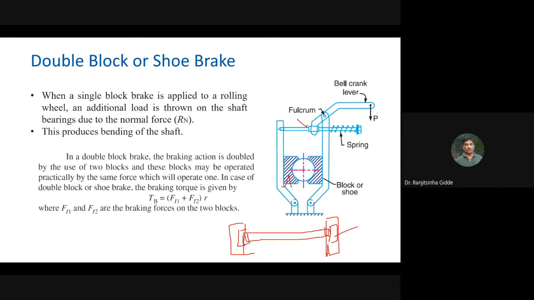In case of a double block, whatever braking action we get in the single block, suppose we are getting a braking torque of 100 Newton meter in the single block, here we can get twice that quantity. So the braking action is doubled by the use of two blocks, and these blocks may be operated practically by the same force.